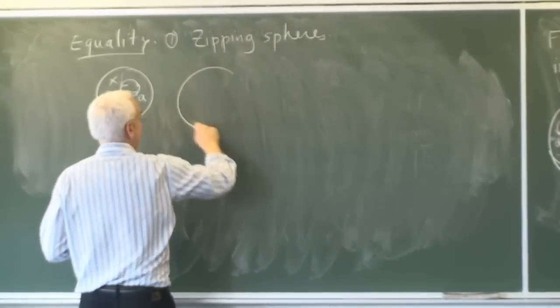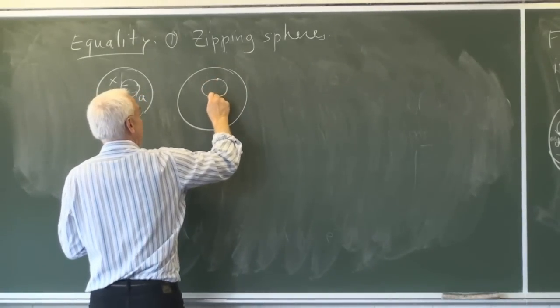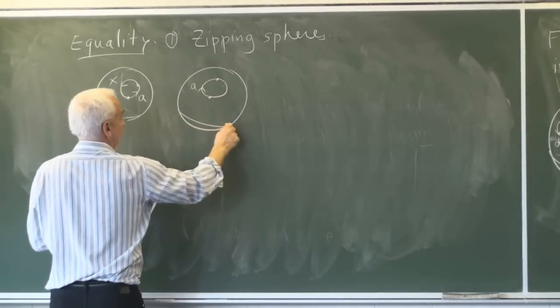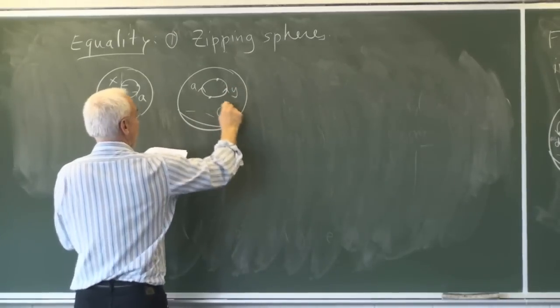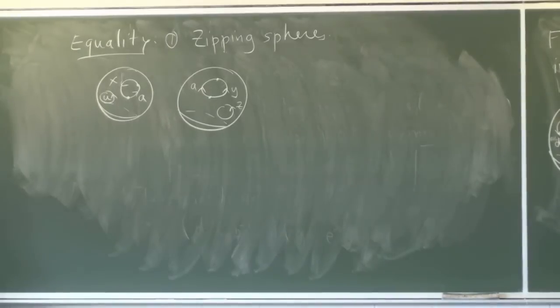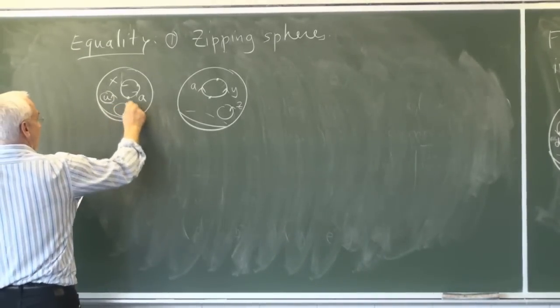And over here we have another sphere, which also has an A edge, but the A edge is going in the opposite direction as we're looking at it in this orientation. So A, Y, and then there might be some other stuff, Z. Maybe I'll put a second hole here.